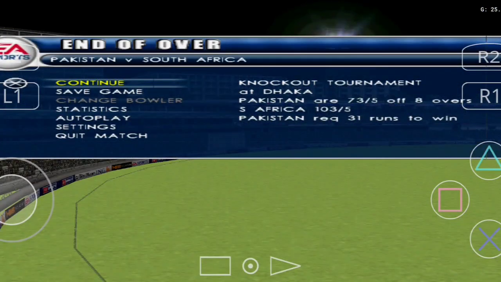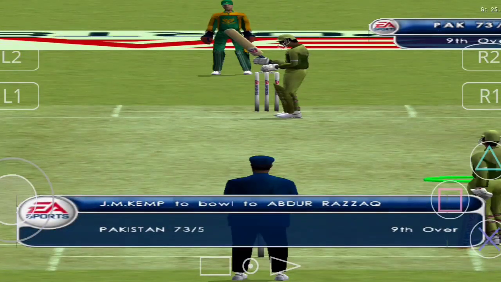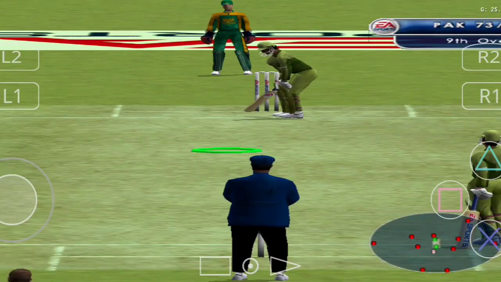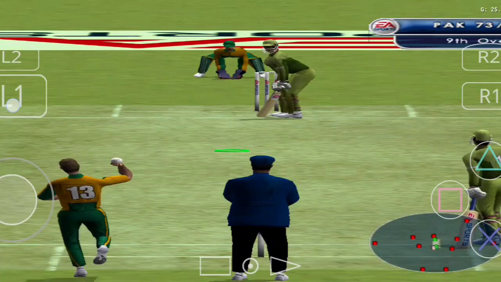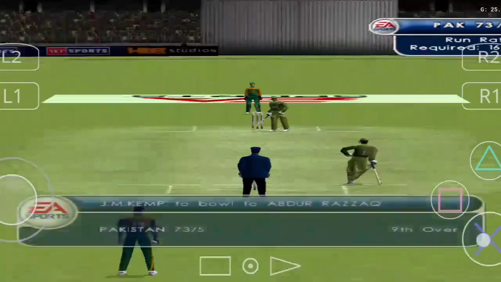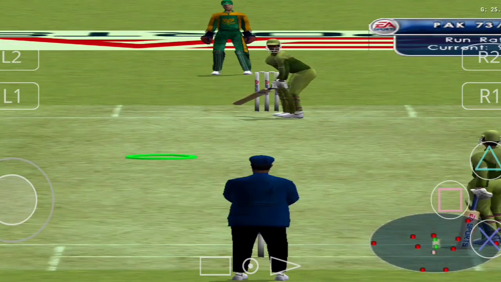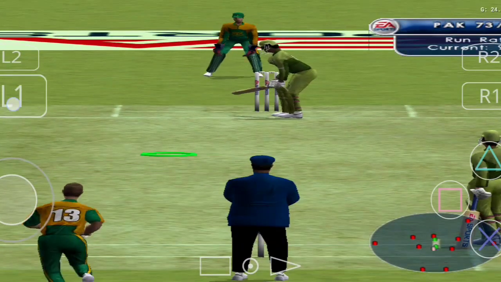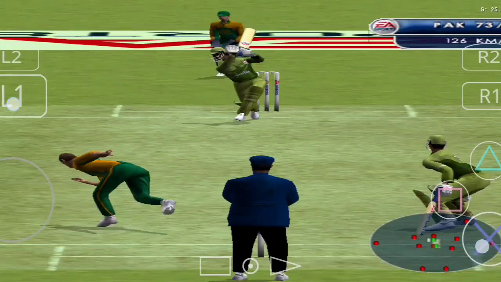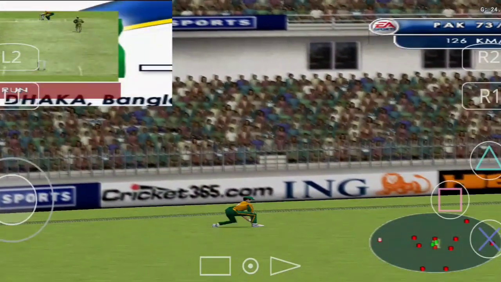2 overs are left in the innings. South Africa are making a change in bowling. The run rate stands at just under 15 and over. He didn't quite get hold of that one properly.